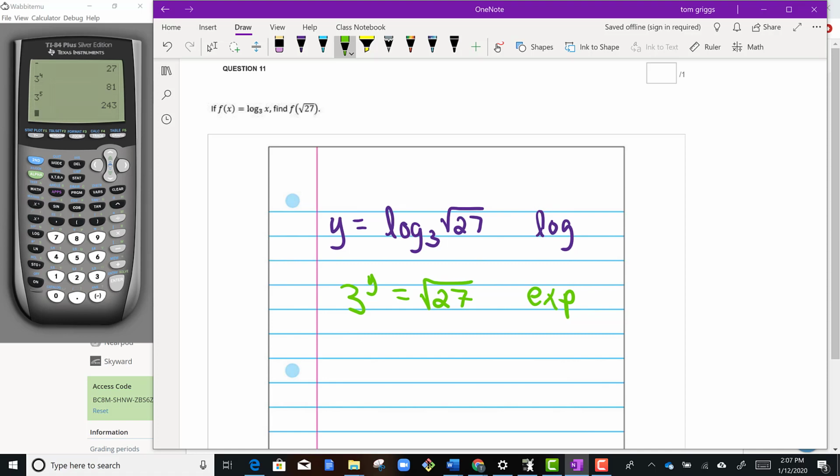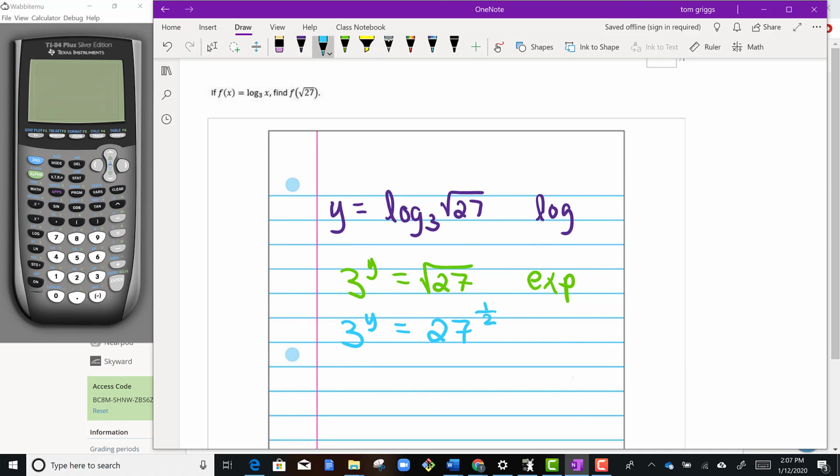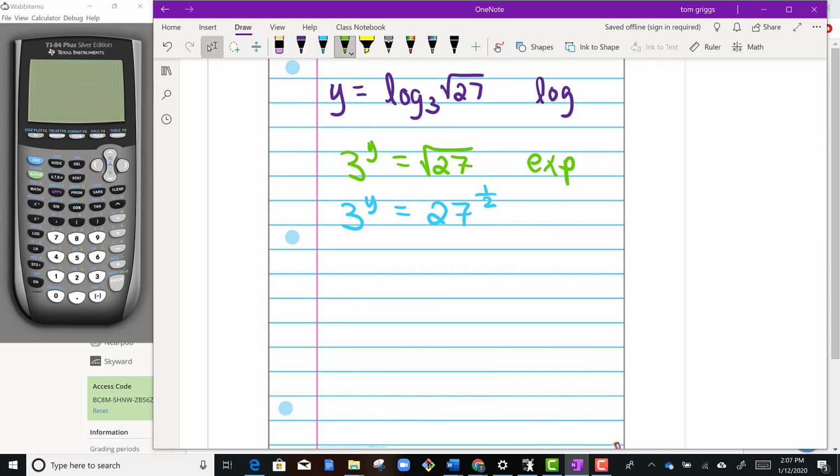You got to use your knowledge of radicals here to solve this one. It's going to be 3 raised to the y power. The square root of 27 is the same thing as 27 raised to the 1/2 power. 27 you should recognize as a power of 3. It is 3 to the third power. So I rewrite 27 as 3 to the third. But remember, this is not just 27.